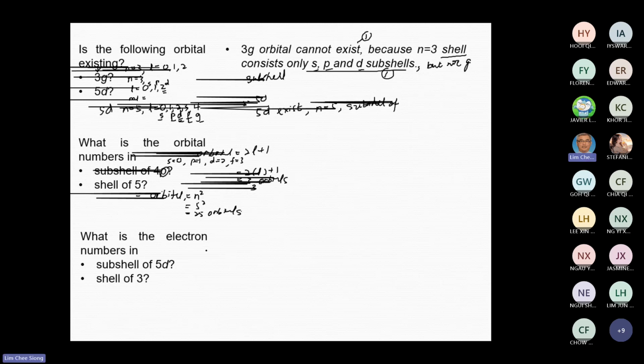Okay, what is the electron number in subshell 5d? I give you 1 minute to calculate. Okay, let's try before I give you the answer directly. Okay, 1 minute from now.